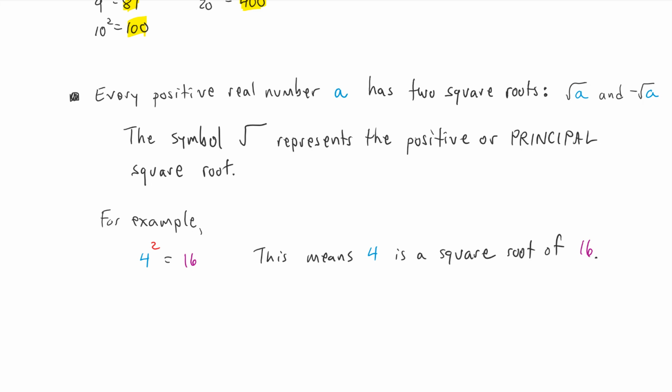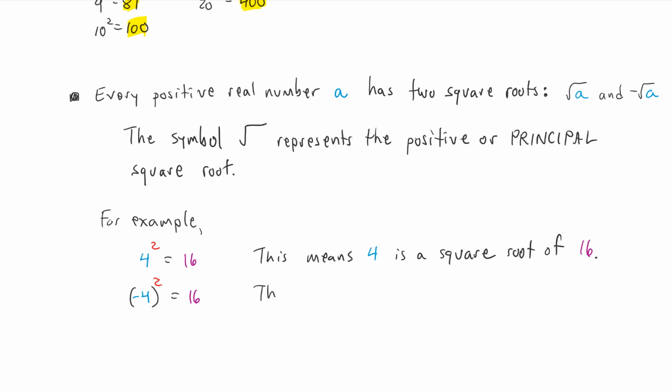But we know from middle school that if I take negative 4 and I square it, that would also give me 16, because a negative times a negative is a positive.